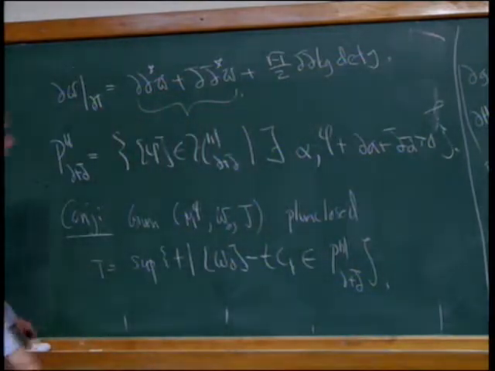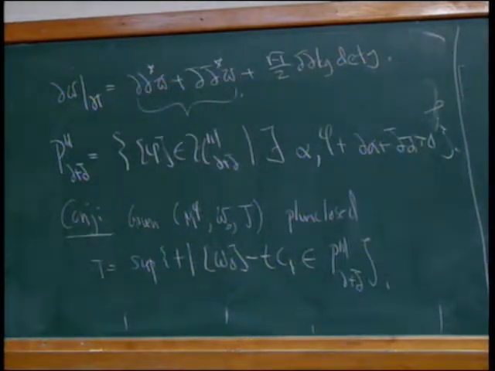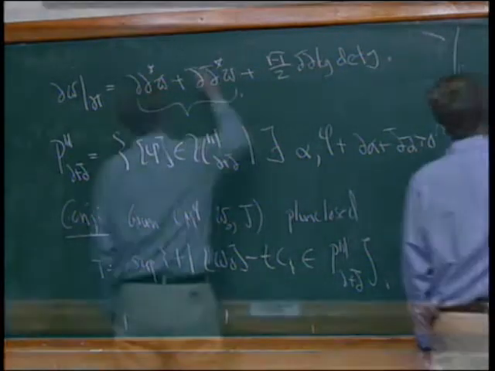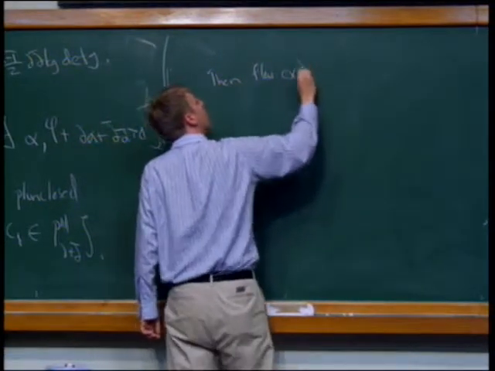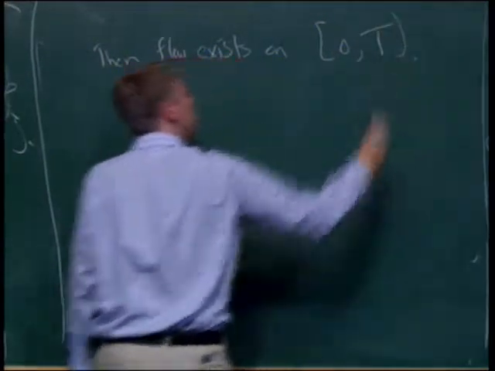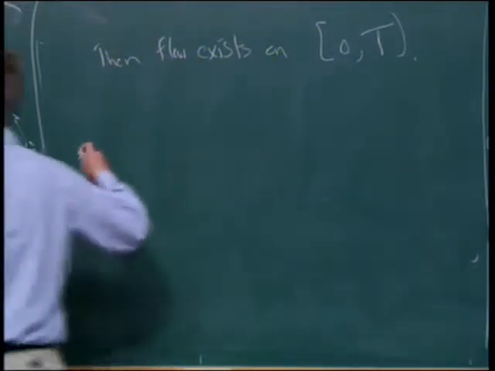Then we conjecture the flow exists on [0, T). So this is in direct analogy with this theorem of Tian and Zhang. There's a natural cohomology space, there's a natural positive cone, so we make this conjecture.